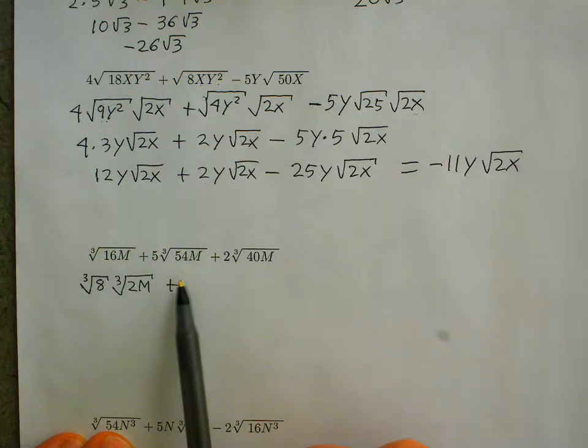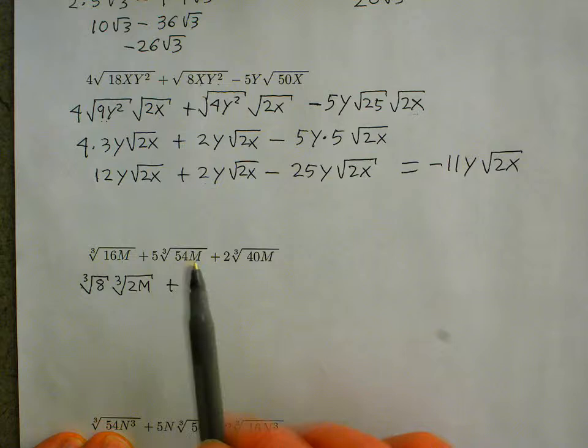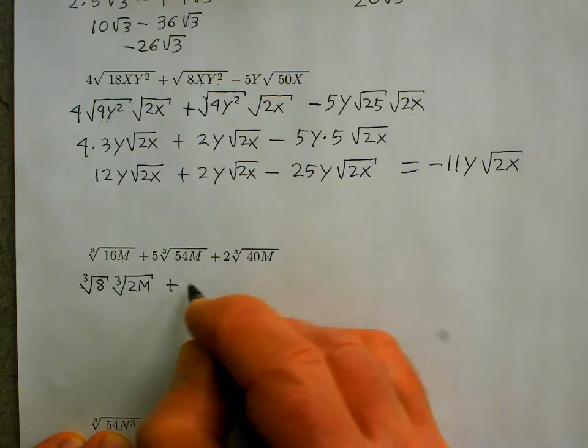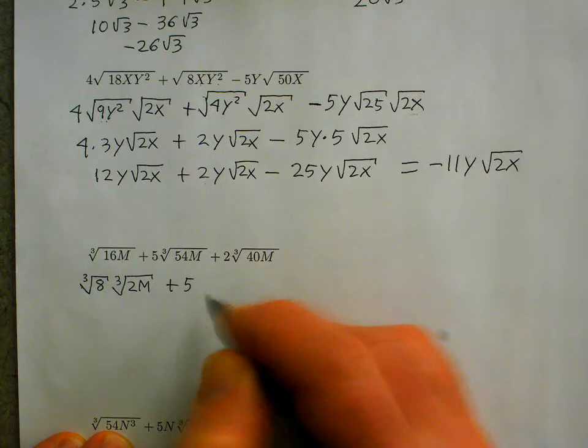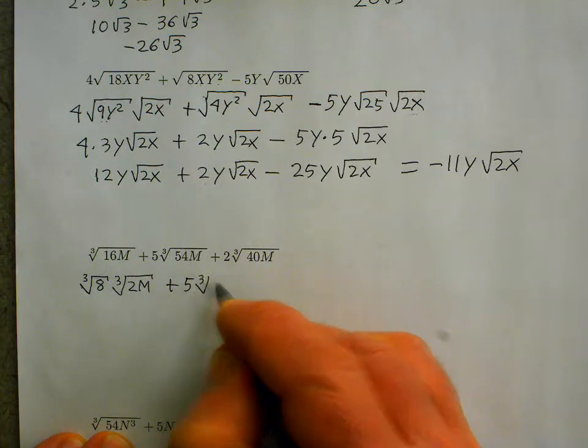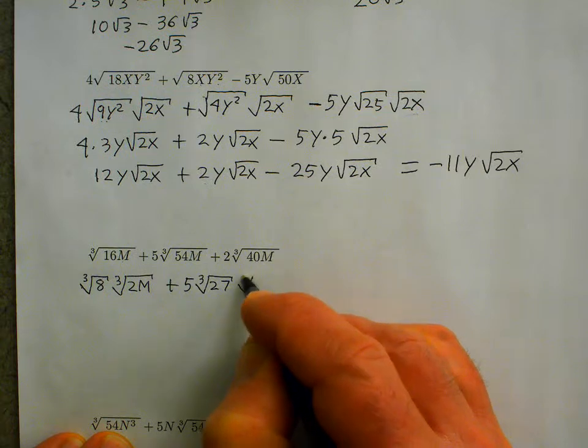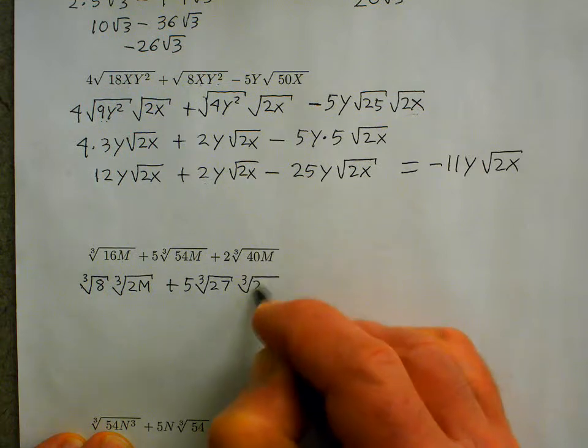Then in the middle term, the largest factor of 54 that's a perfect third power or perfect cube is 27. 27 times 2 is 54. So the middle term becomes plus 5 times the cubed root of 27 times the cubed root of 2m.